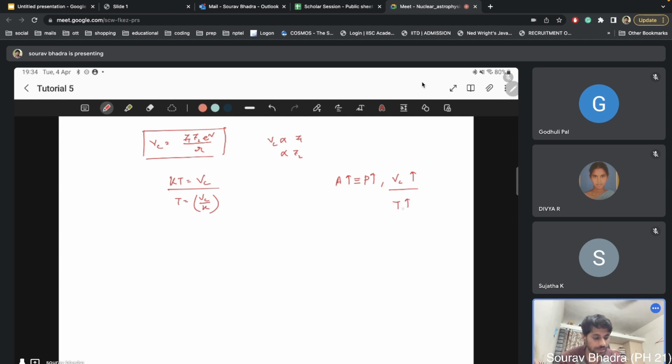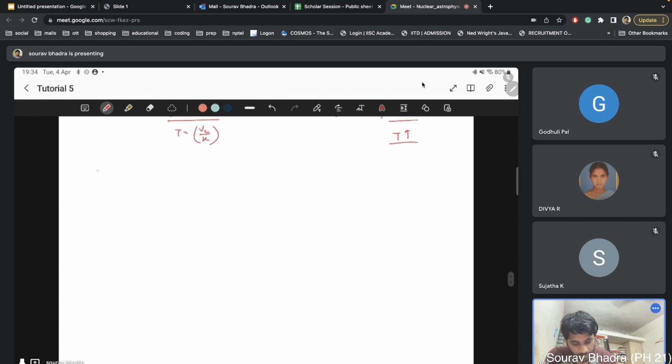So, for a lower temperature and lower Coulomb barrier, the proton reaction mainly starts to happen, and with time other nuclear burning of higher order elements comes into the picture. But it starts with hydrogen burning. Okay. So, hydrogen burning is the starting point.